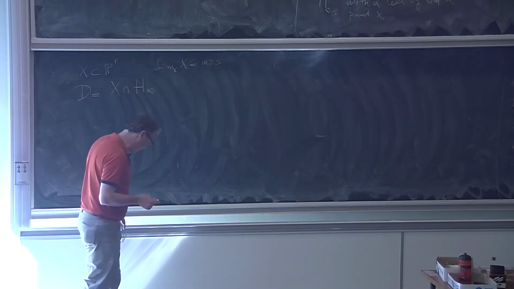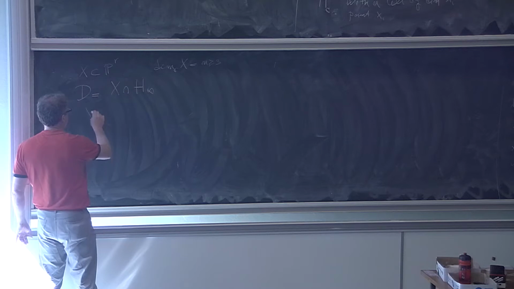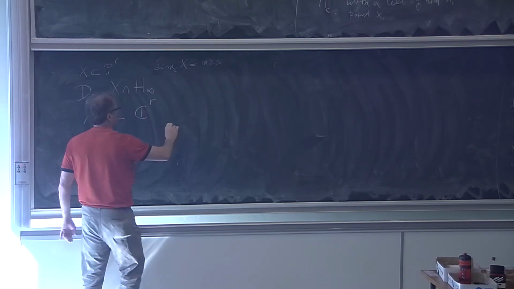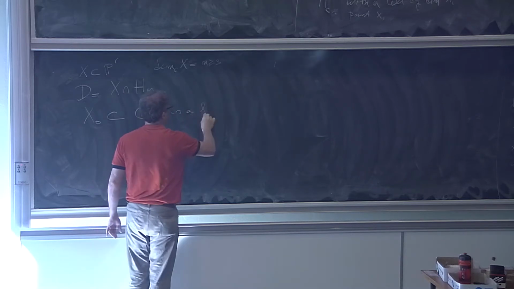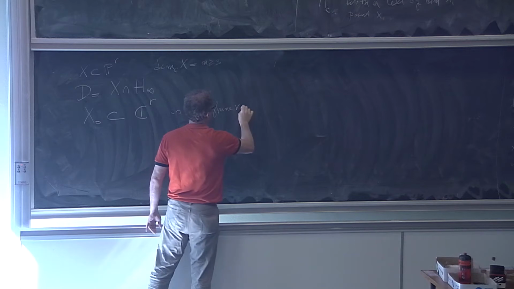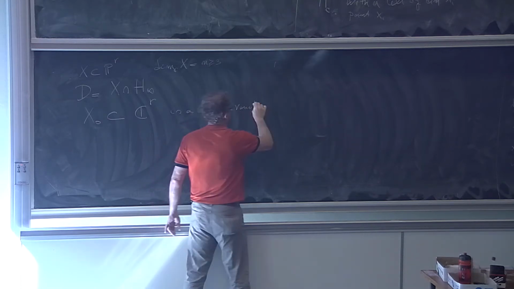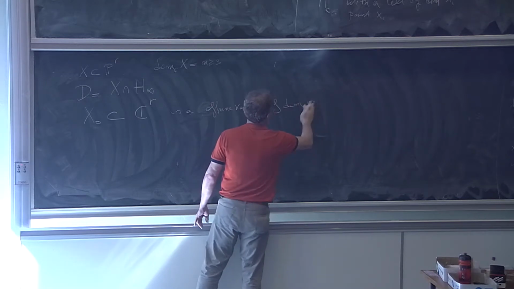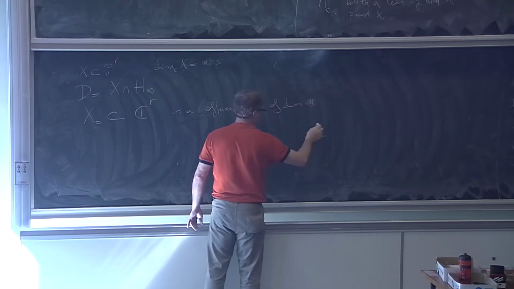So let's put ourselves under this hypothesis. I have X0 inside C^r, an affine variety of dimension n, smooth.